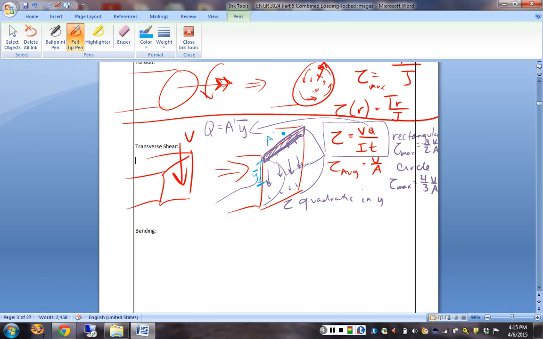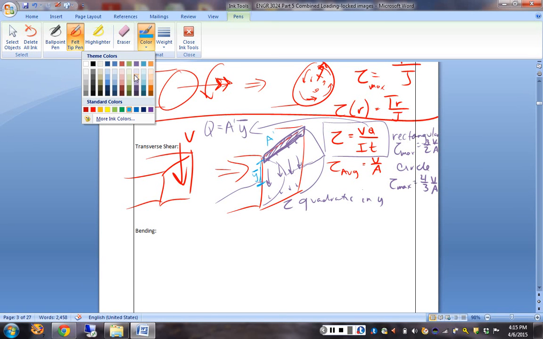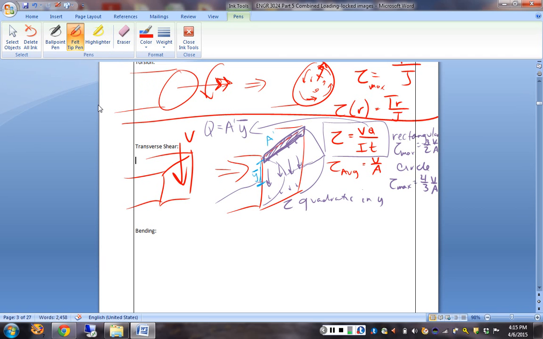So now bending. What does it look like? If we take our section cut, if we draw our moment as a double arrow, that corresponds to a bending moment in that direction.